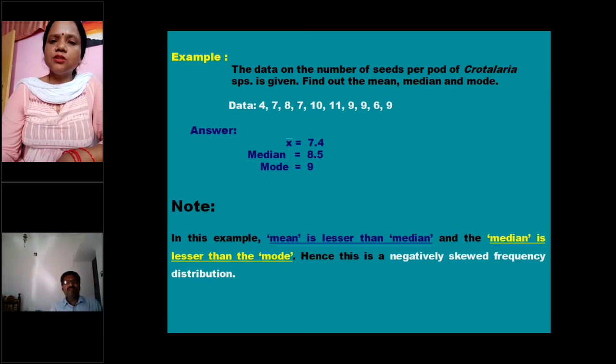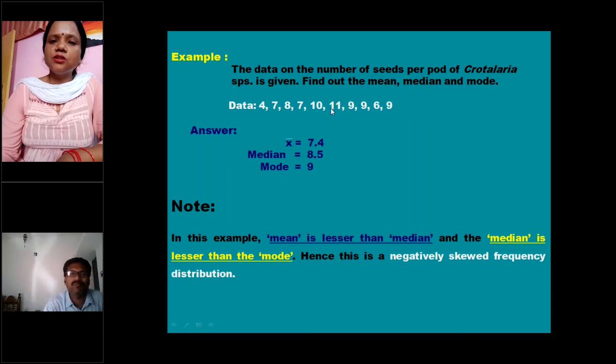Now let us see the relationship between mean, median, and mode of the selected example. Here again I am giving the same example, and using this example we got mean 7.4, median 8.5, mode 9. But when we visualize the raw data, we see we have 2 extreme values. The lowest value is 4, and the highest value is 11.